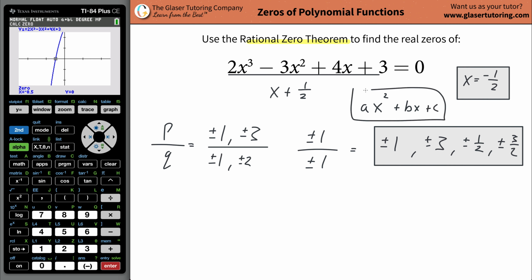Then you would find the roots or zeros of this using your a, b, and c values in the quadratic formula: negative b plus or minus the square root of b squared minus 4ac, all over 2a. And you would find that under the radical, you'll have a negative value.